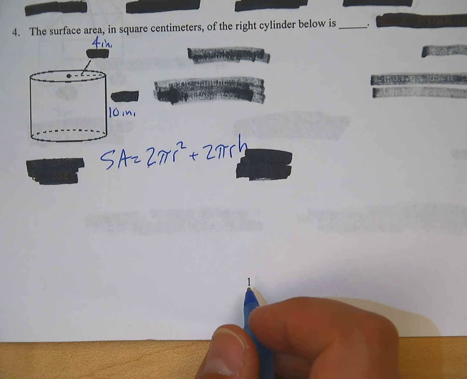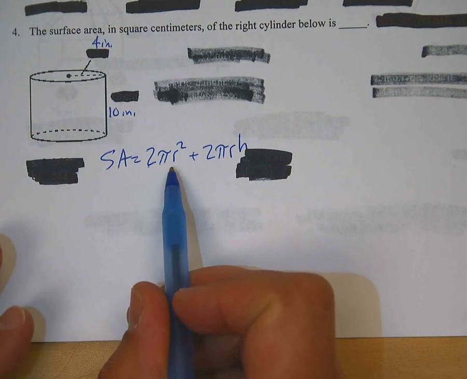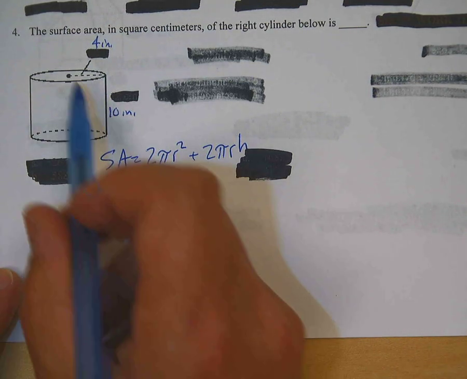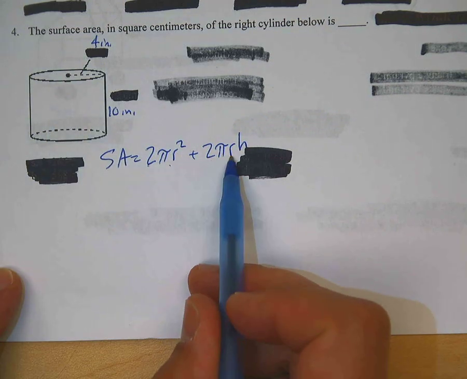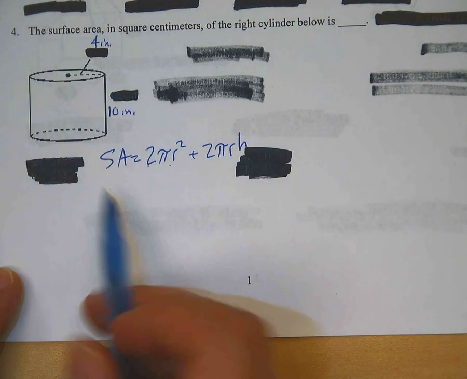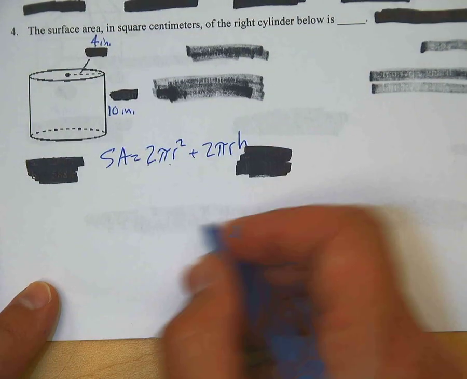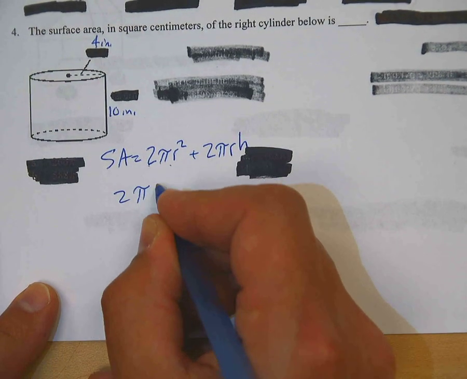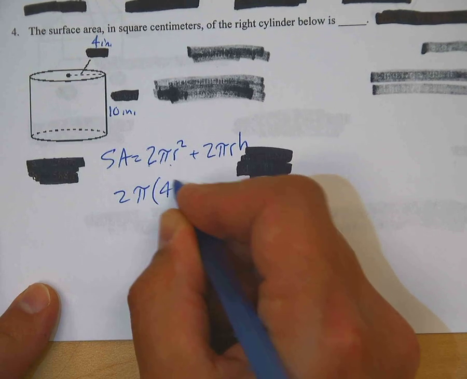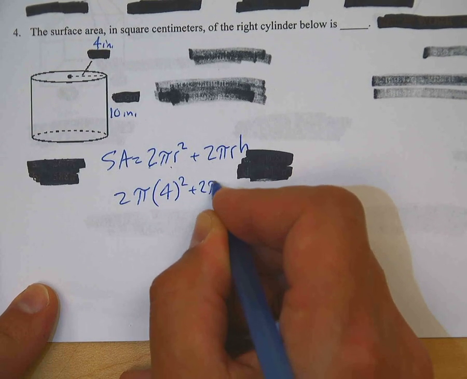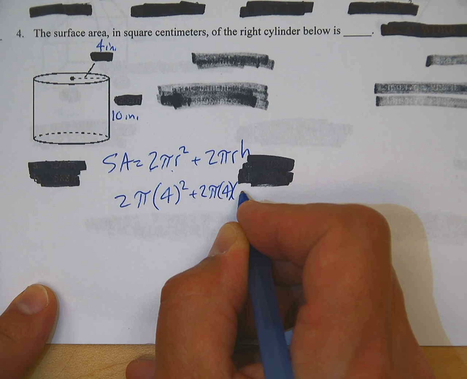Okay? The 2 pi r squared is for the 2 circles. The 2 pi r h is for the circumference times the height. So I plug in the 4 for the radius and the 10 for the height. 2 pi times 4 squared plus 2 pi times 4 times 10.